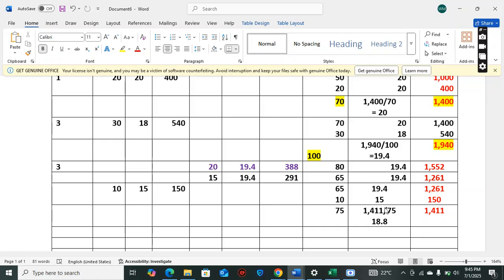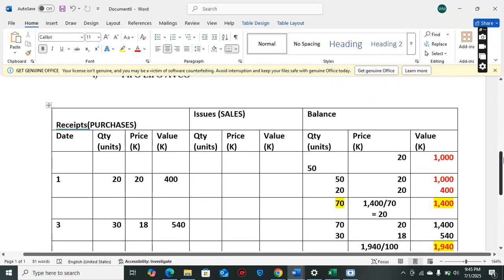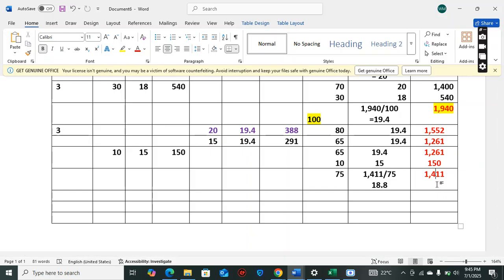Yes. Is there a transaction afterwards from this one? Okay. So yes, this is the value of the closing inventory here, 1,411. That is the value of closing inventory.